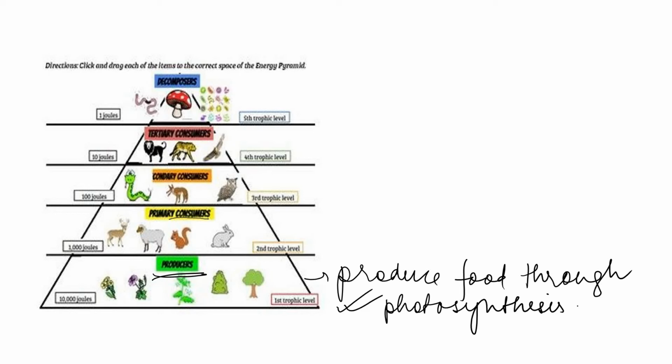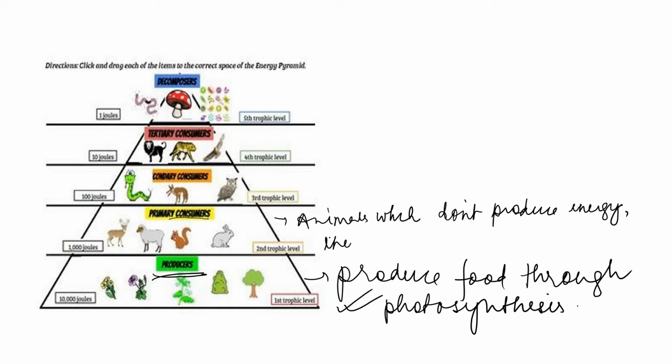These are the animals which don't produce energy, they just use up energy. They eat this, and whatever energy they get from these plants, they use for their own digestion, for running, for hopping, in this way.